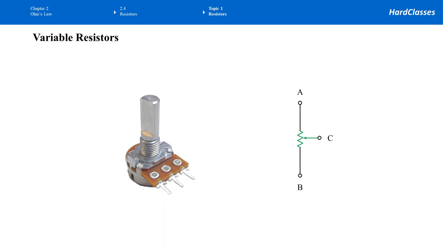The user can spin this rod in a clockwise or counterclockwise direction to change its resistance. The rod on this potentiometer is like the terminal C and that arrow in the schematic symbol. Spinning the rod is like moving the terminal C and that arrow up or down, back or forth. As you can see, the potentiometer has three terminals.